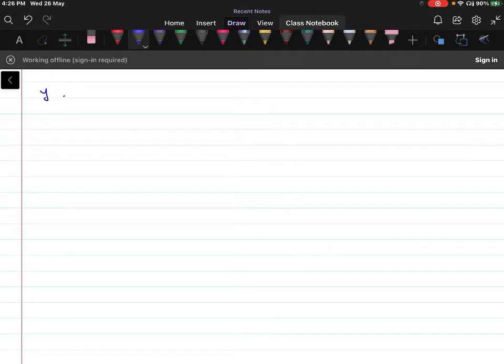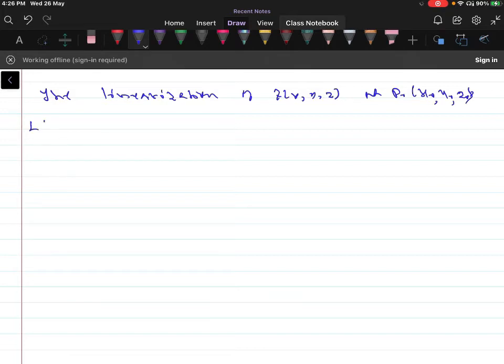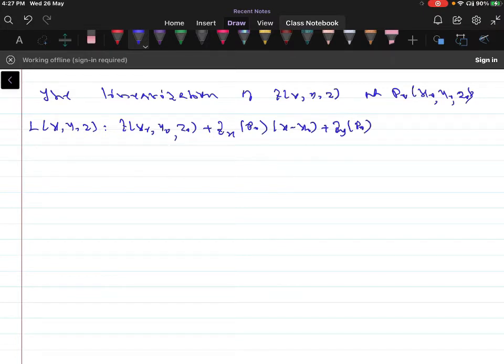So the linearization of a function of three independent variables f of (x, y, z) at the point p naught (x naught, y naught, z naught) is defined by L of (x, y, z) equal to f of (x naught, y naught, z naught) plus fx at the point p naught into x minus x naught, where p naught is (x naught, y naught, z naught), plus fy at the point p naught into y minus y naught, plus fz at the point p naught into z minus z naught.